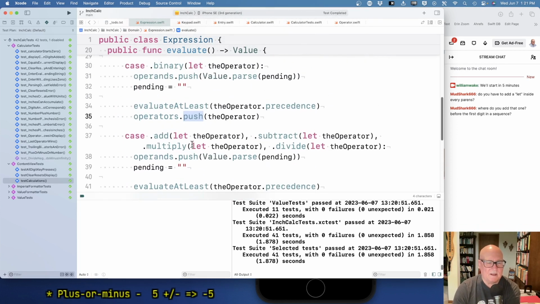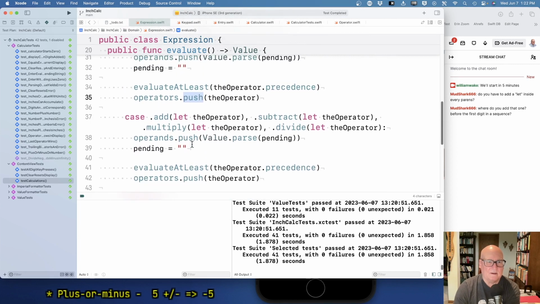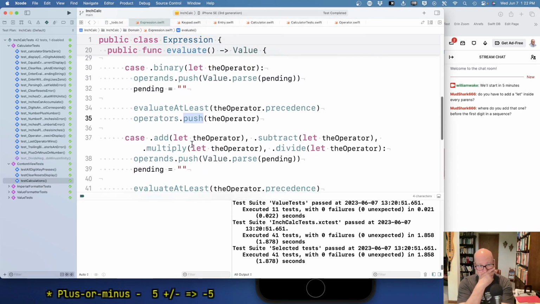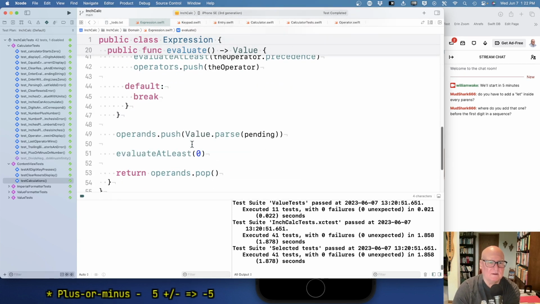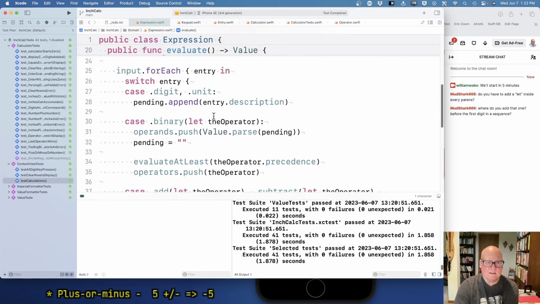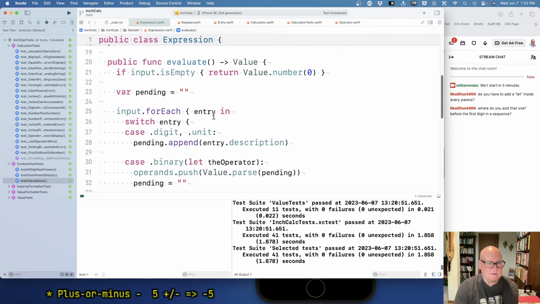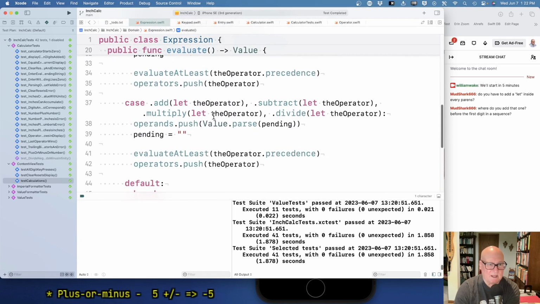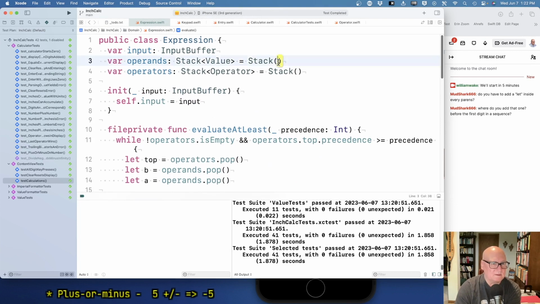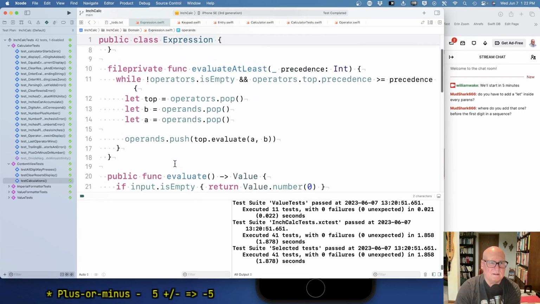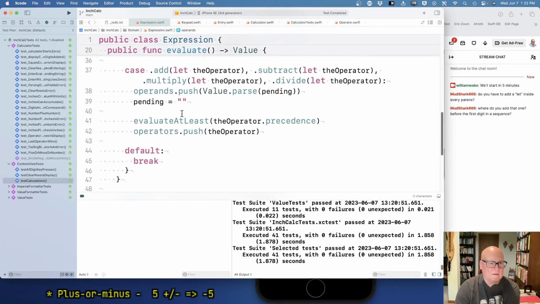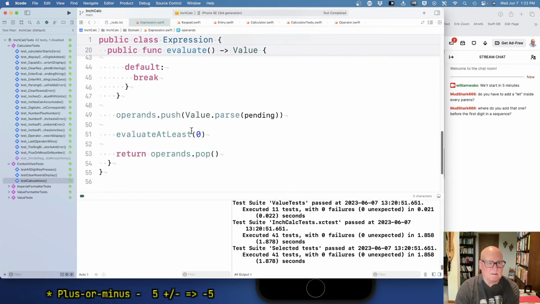But when do we apply it? This is weird. Evaluate at least 0, then we apply it. I feel like it's. My intuition is it should bust the stack, and I'm not sure why it's not. We don't start with anything on it. Okay, at the end we evaluate at least 0.